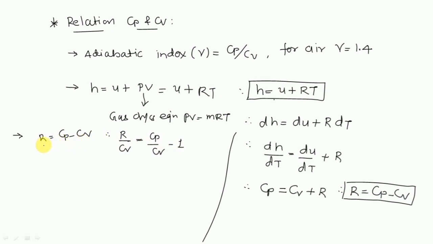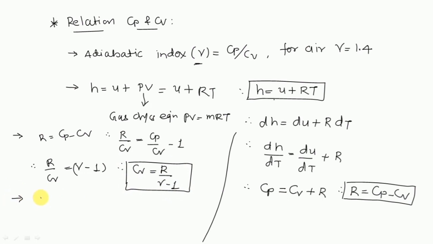We know Cp by Cv is gamma, the adiabatic index, so R upon Cv is equal to gamma minus 1. If we rearrange this term, then Cv is equal to R upon gamma minus 1. So this is the relation between Cv, R and gamma.